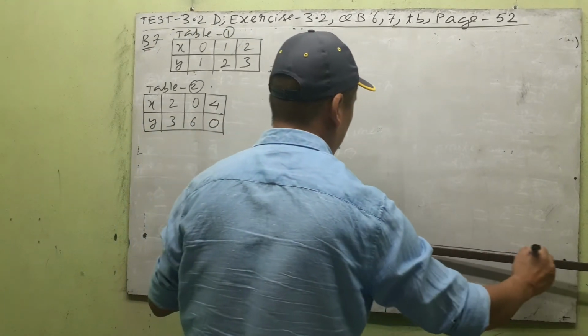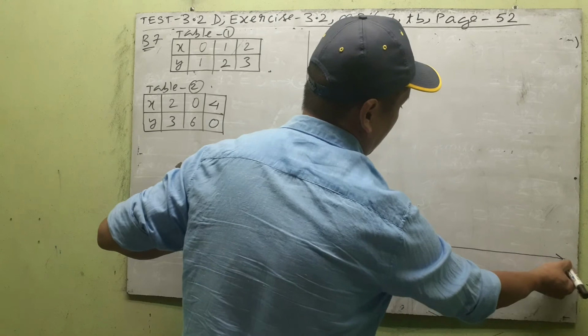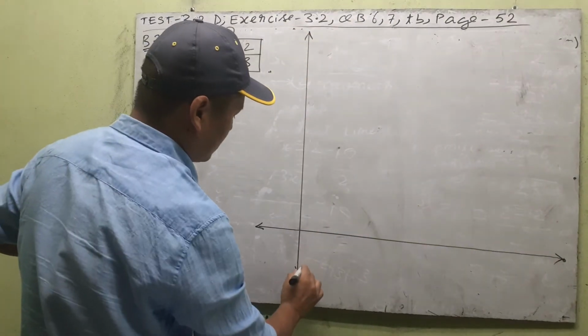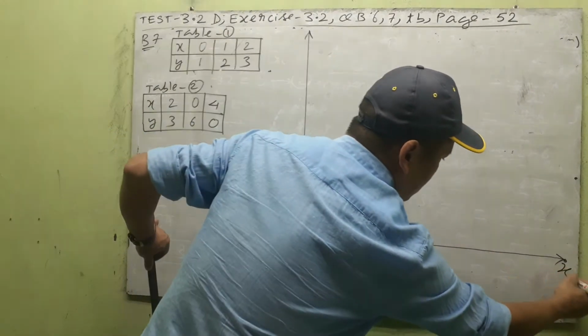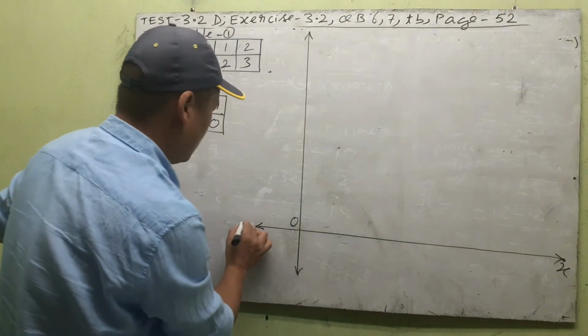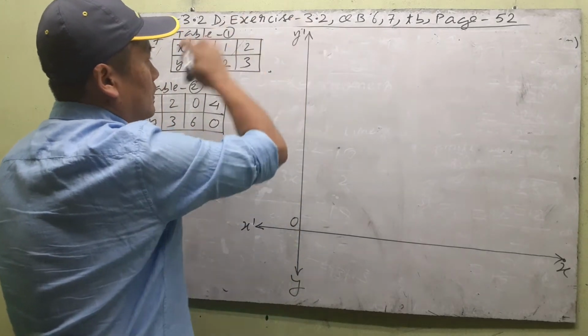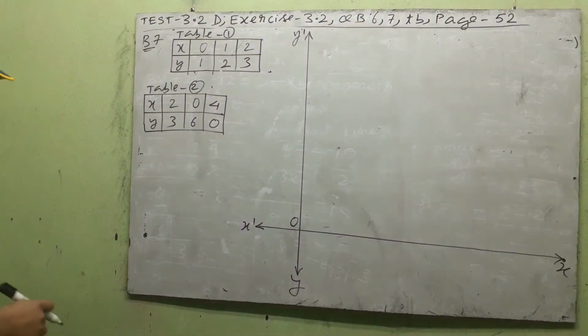And partially leave space more on the right side because right side is positive value plus values of x. X0, x dash, y, y dash. Write that. It's important to mention that.